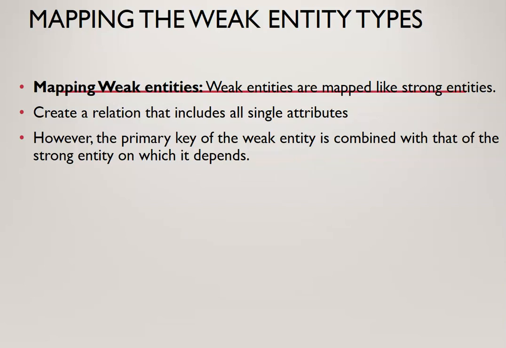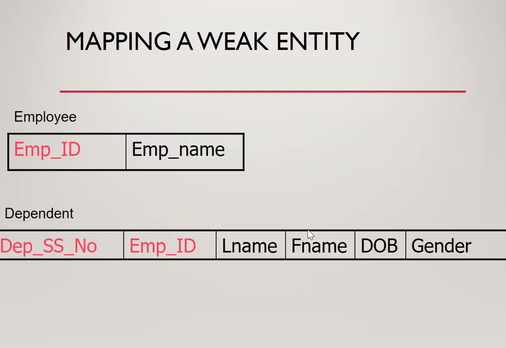But when we are creating schemas for this particular entity, or if we are trying to establish a relationship between this weak entity and its strong entity, we usually get the primary key of its strong entity, and then we concatenate it together with any other attributes of the weak entity such that you have a composite primary key. So that is what we do with a weak entity, and we're going to see how we do that.